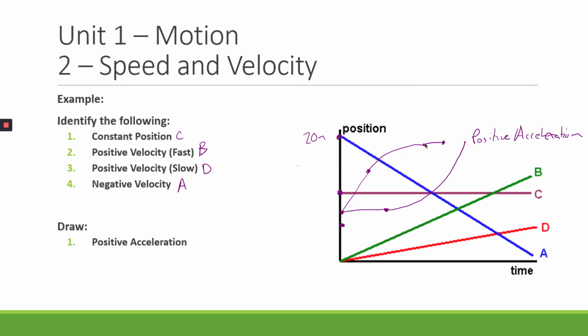If you consider that line to be horizontal. So right here would be negative acceleration. That would be going very fast and then slowing down to a stop. Call that negative acceleration. All right, beautiful.